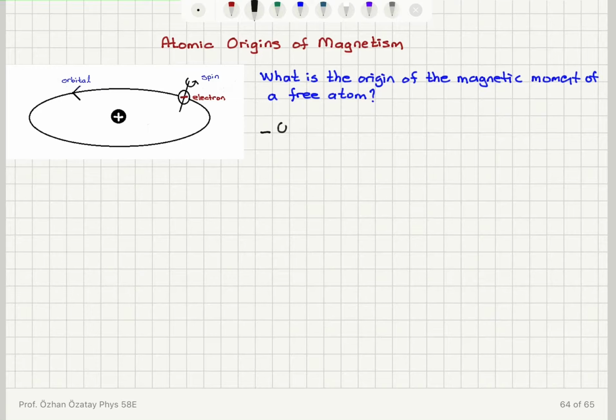One is the orbital angular momentum, so it's the orbit of the electron around the nucleus. Two is spin angular momentum.